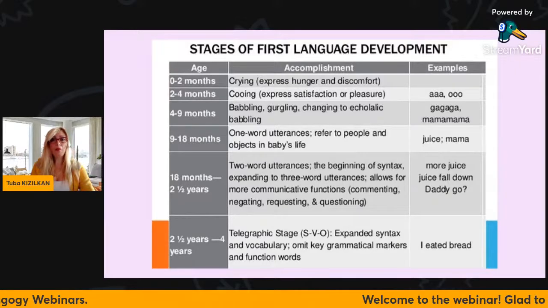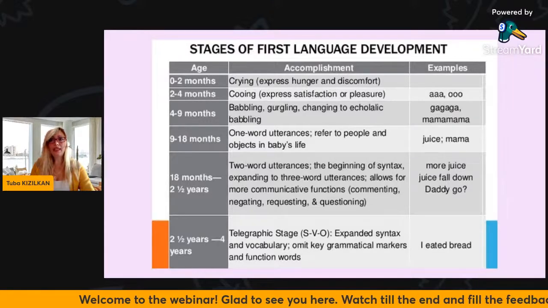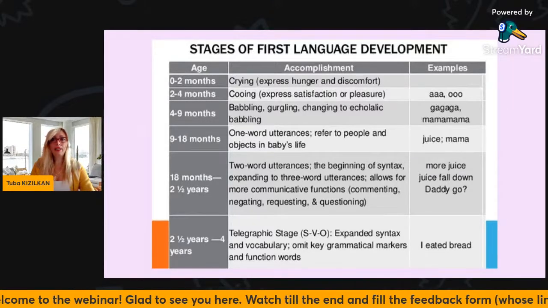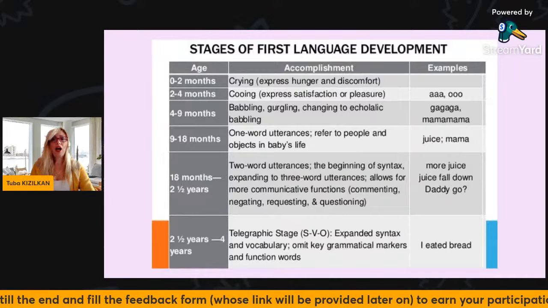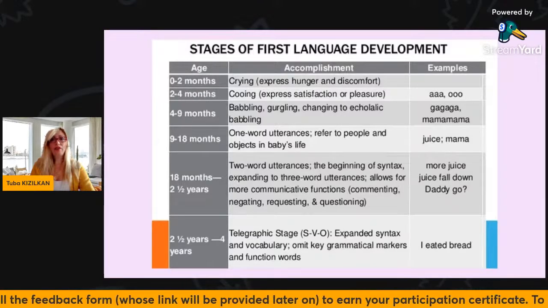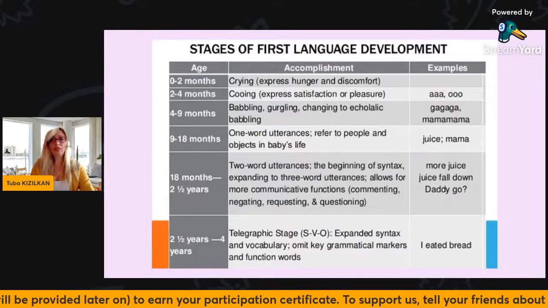And between 4 and 9 months, the baby starts babbling and gurgling, changing to eclectic babbling like ma ma ma, ga ga ga, da da da, things like that. And between 9 and 18 months, the baby starts to have one-word utterances like juice, mama, papa, doggy.